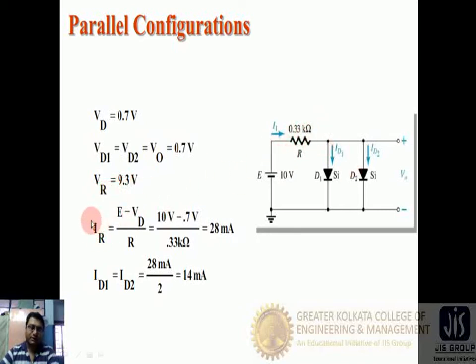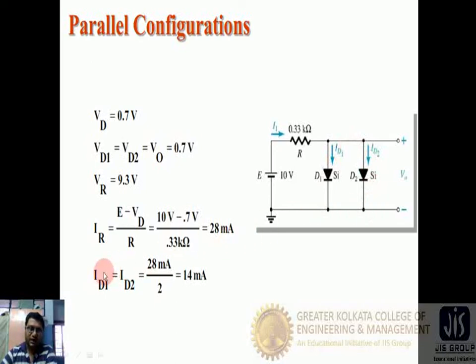So we can find the current through the resistor. IR is equal to 10 volt minus 0.7 volt divided by 0.33 kilo ohm, so we get 28 milliampere of current through this resistance. This total current flowing through the resistance is divided between the two diodes.